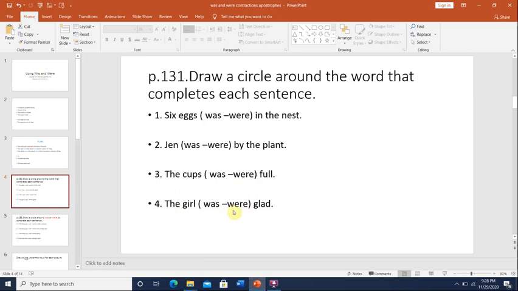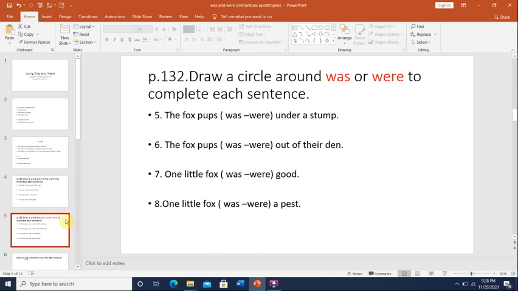So when the sentence is about one person or place or thing, we use was. If it's more than one person or place or thing, we use were. When do we use was and were? In the past tense. It says here, draw a circle around was or were to complete each sentence. Again, we must pay attention to see who the sentence is about. Is it one or more?